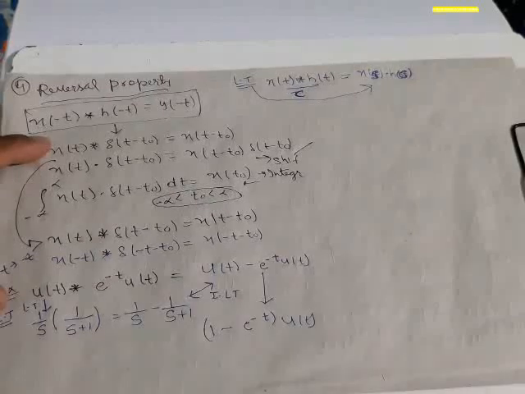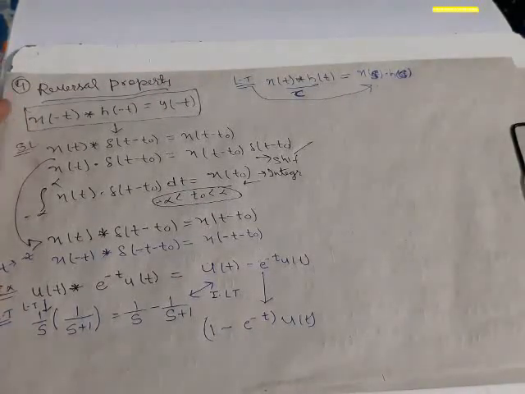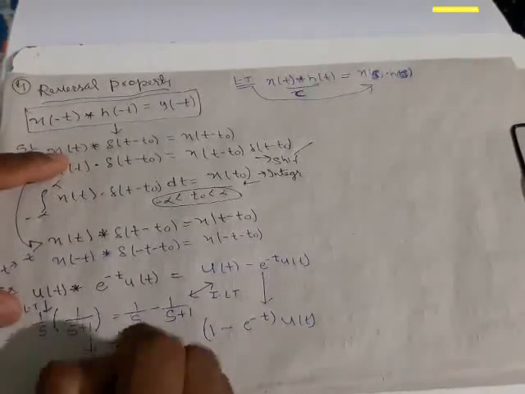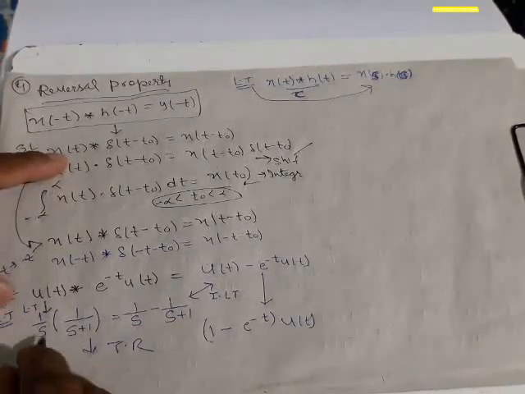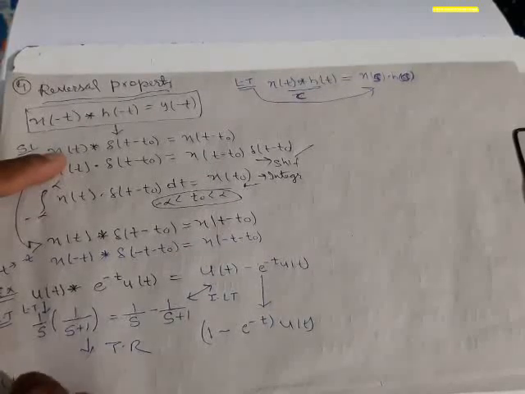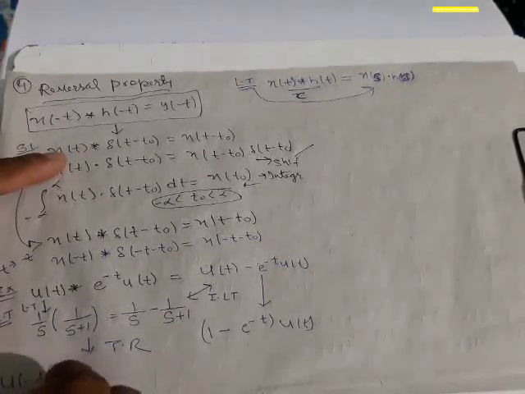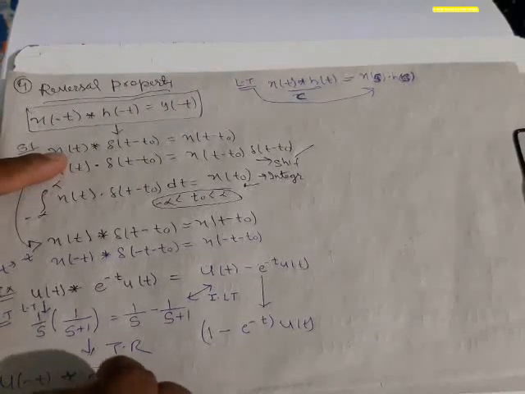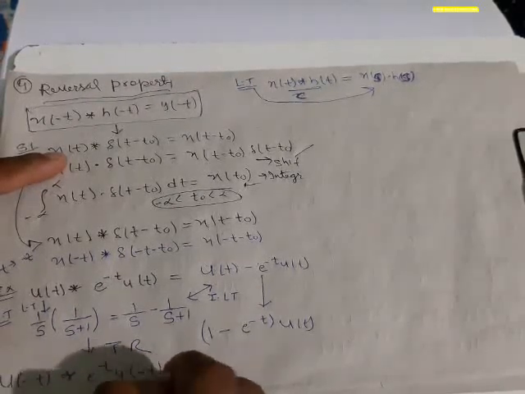One thing will be clear: a rectangular function, rect t, goes from minus 1 by 2 to 1 by 2. If it is shifted by 0.5, that is 1 by 2, then it becomes from 0 to 1.